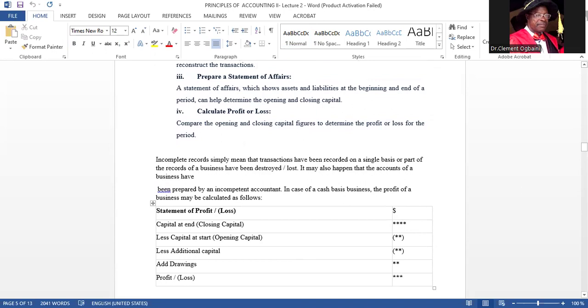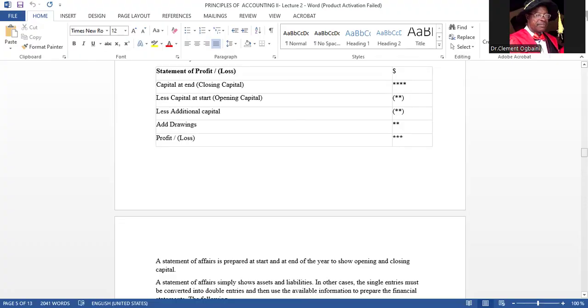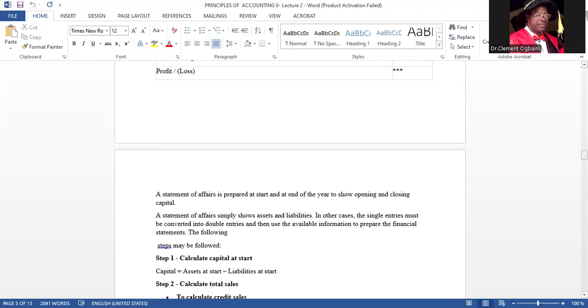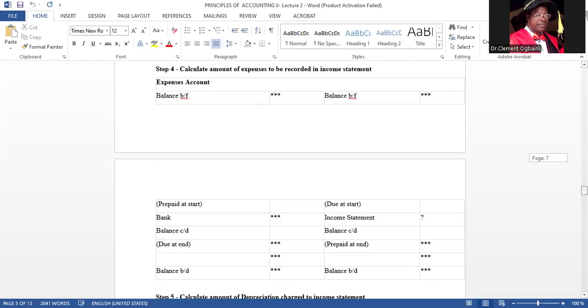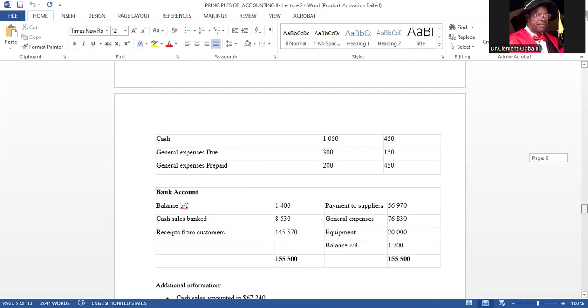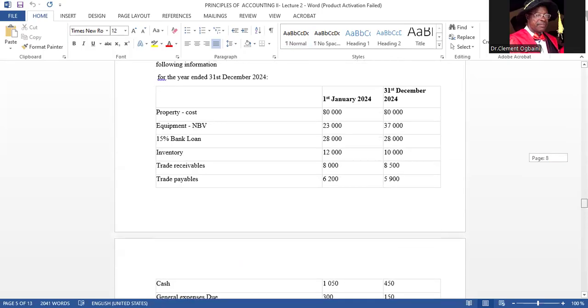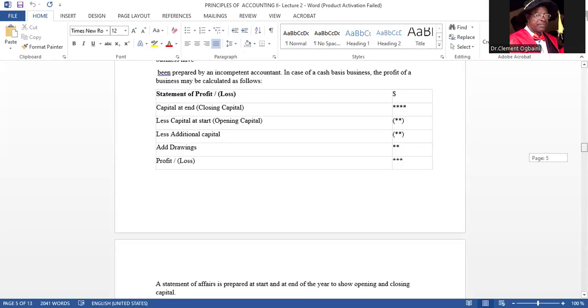So incomplete record is a good thing. You need an accountant with expertise in accounting to be able to prepare the normal accounts from incomplete records. There are different methods of doing it, and all these methods are applied in the material.